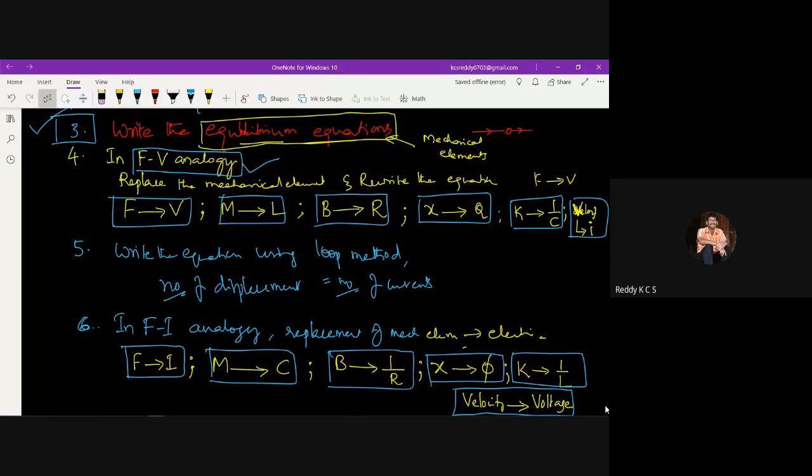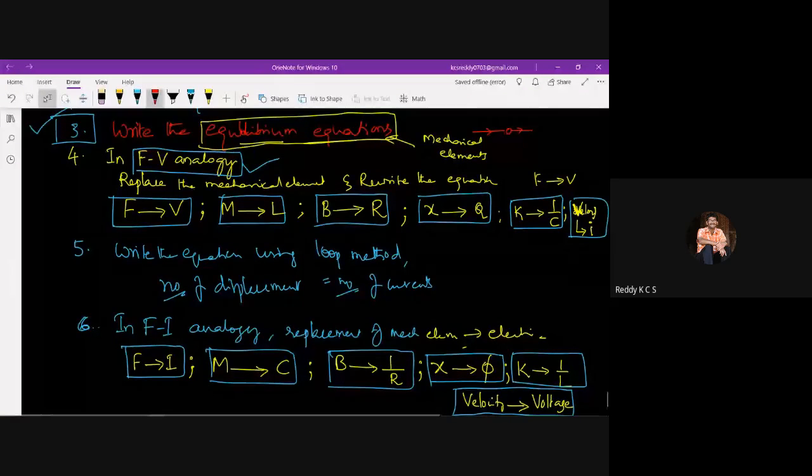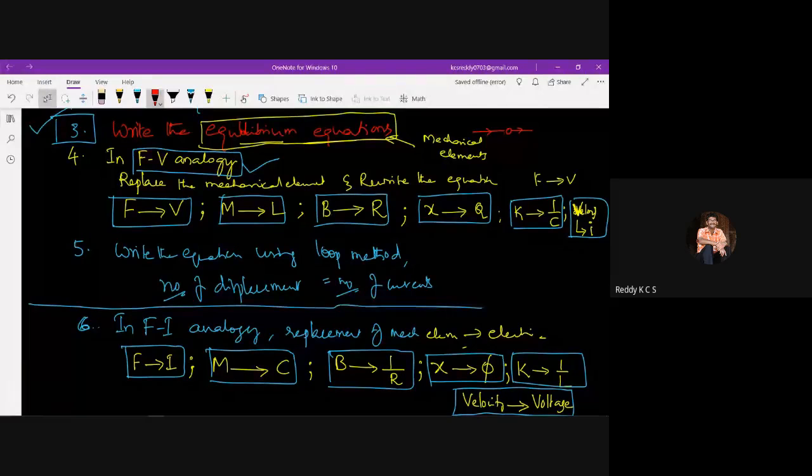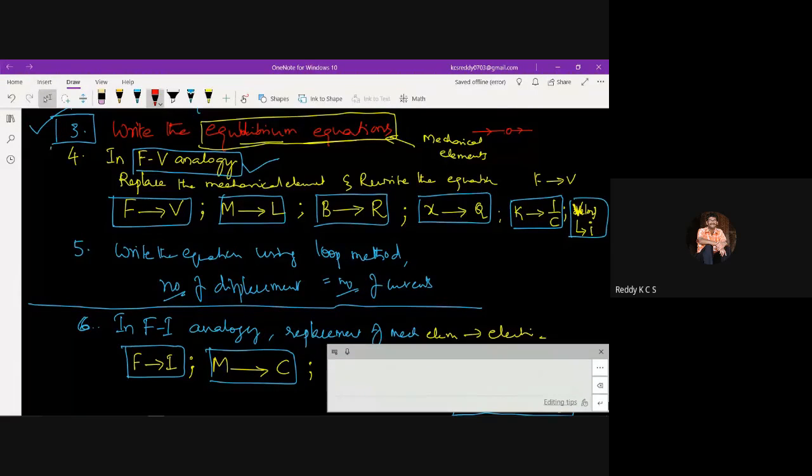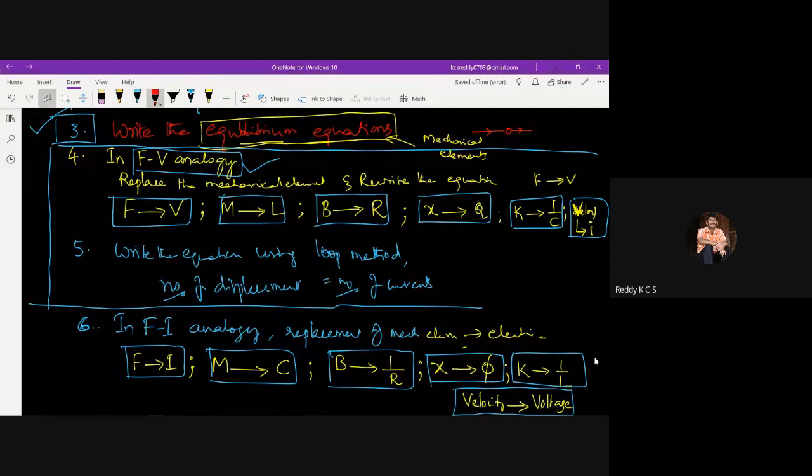Based on that, the last step is, this is for up to this. The fourth and fifth are for only FI analysis. So 1, 2, 3 steps are applicable for this also.